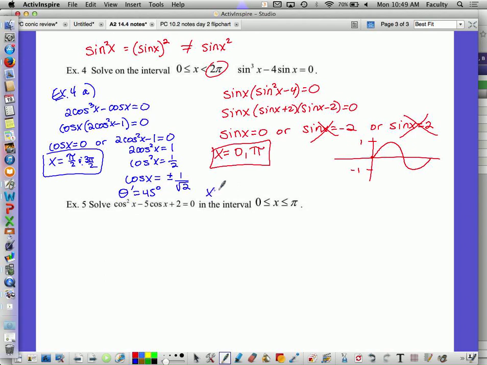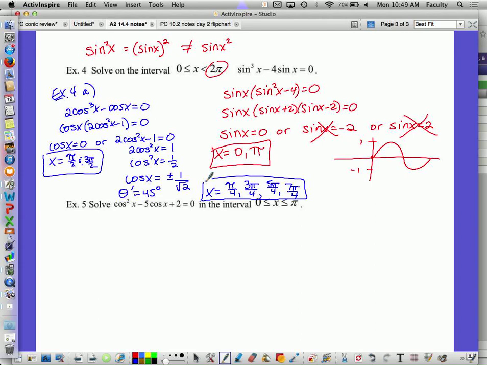So now x, and I can do this because I've gotten really good with my unit circle, is pi over 4, 3 pi over 4, 5 pi over 4, 7 pi over 4. I think it would be really yucky to try this one in degrees and then convert them. So if we remember our circle, the 45-degree reference angles are all odd pi over 4s. Okay? How'd we do on that one? It was rough. Okay.